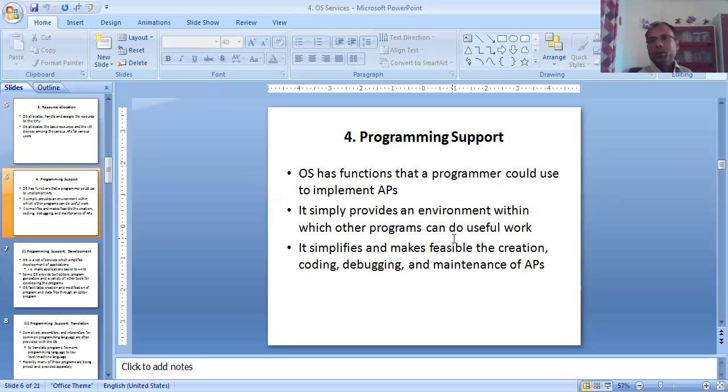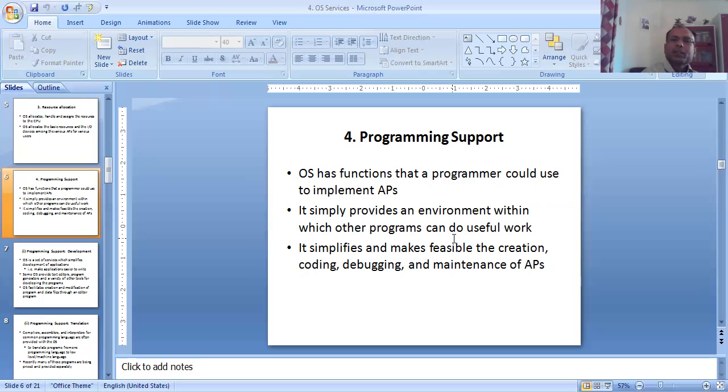Operating system supports at different stages of the program development to program execution. So in this head, we will discuss today briefly how at different stages the operating system is supporting regarding the programming or software. Okay.